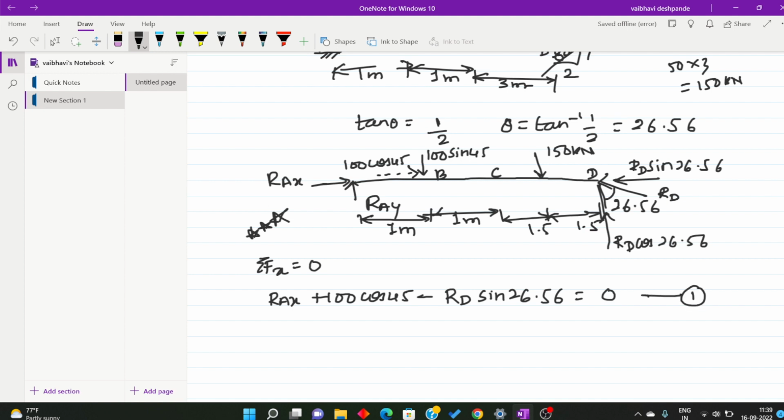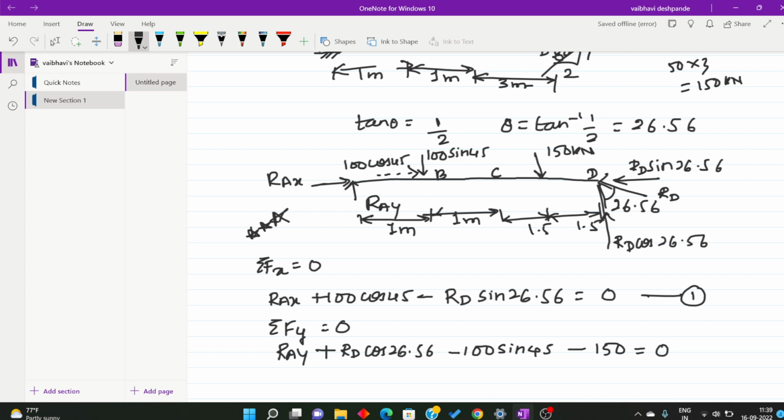Next, take sigma Fy equal to 0, that is the summation of vertical forces. RAY acting upwards is positive, plus RD cos 26.56 upwards positive, then downward forces are negative, that is minus 100 sine 45 minus 150 kilonewton, equal to 0.